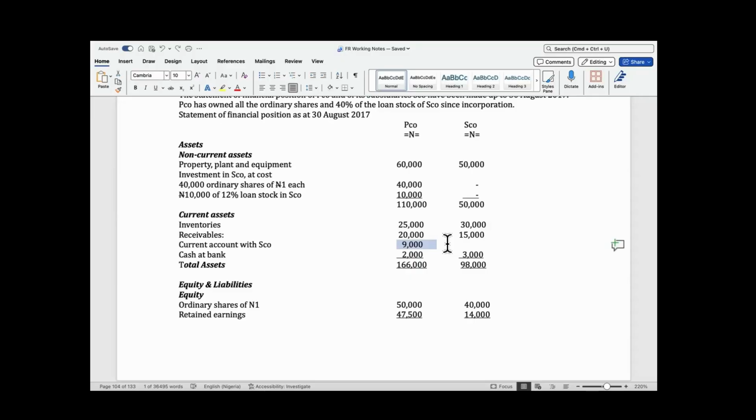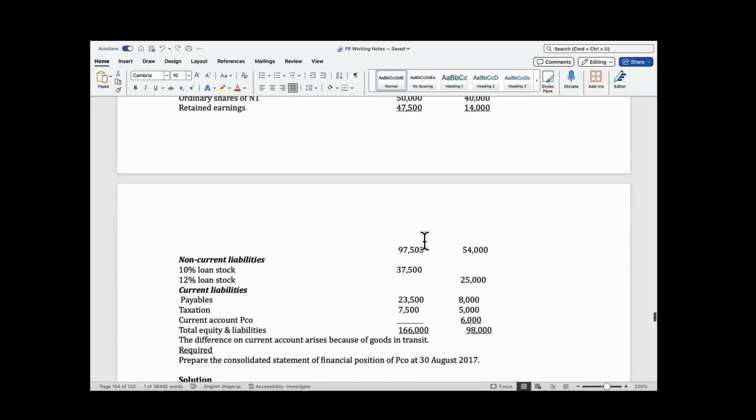The reason for the difference is that Pico actually sold some goods to ESCO that ESCO has not received, which is why ESCO has not updated what it is owing, 9,000. If he had received those goods, it would be showing 9,000 here. So for that reason, we are not going to cancel that out, because it's not within the group yet.